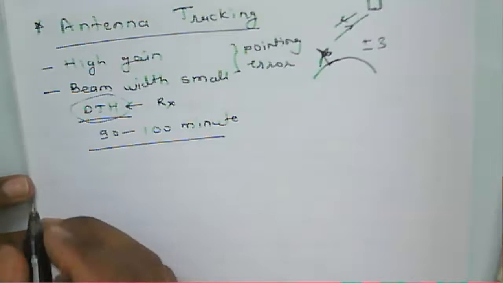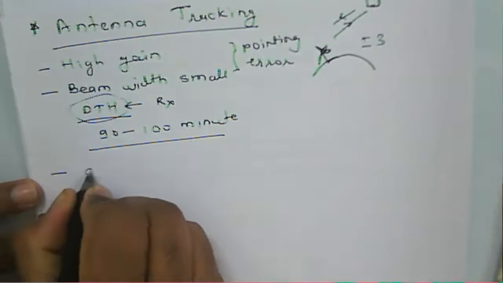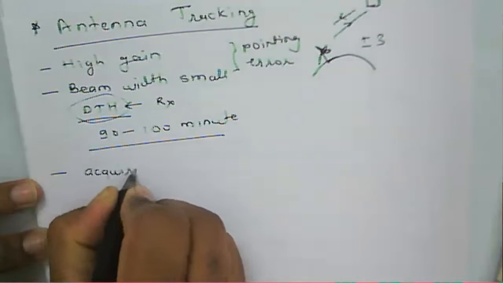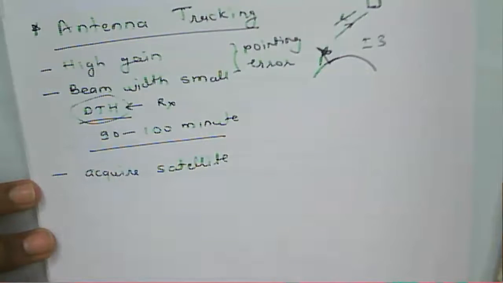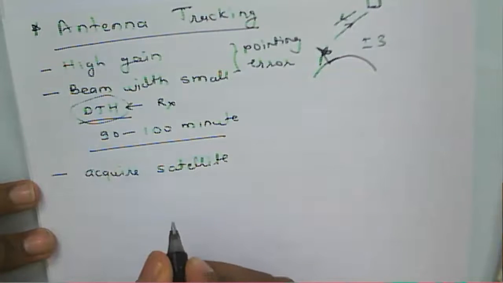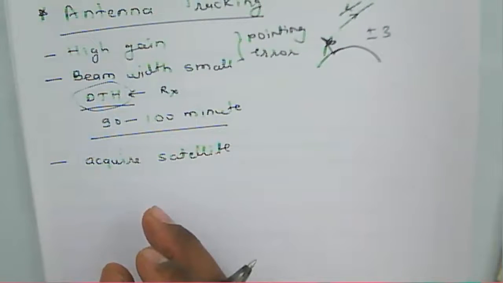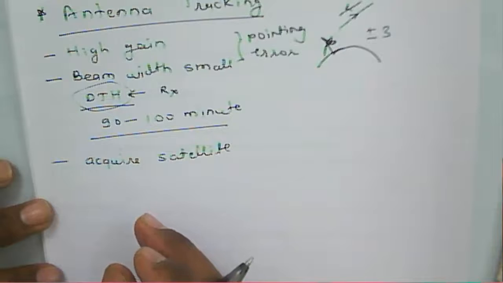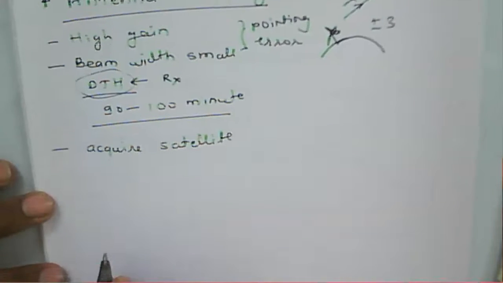So the tracking system acquires the satellite and continuously tracks it, and communication is possible through this. Now there are various types of tracking systems.